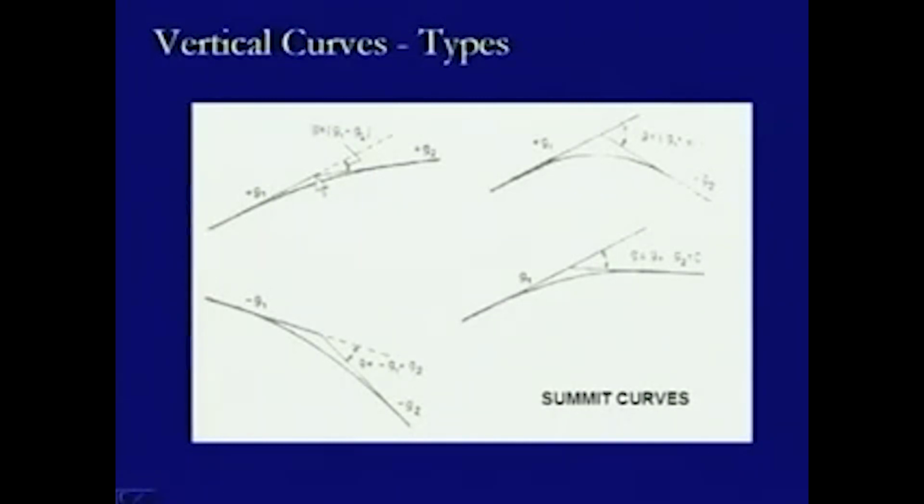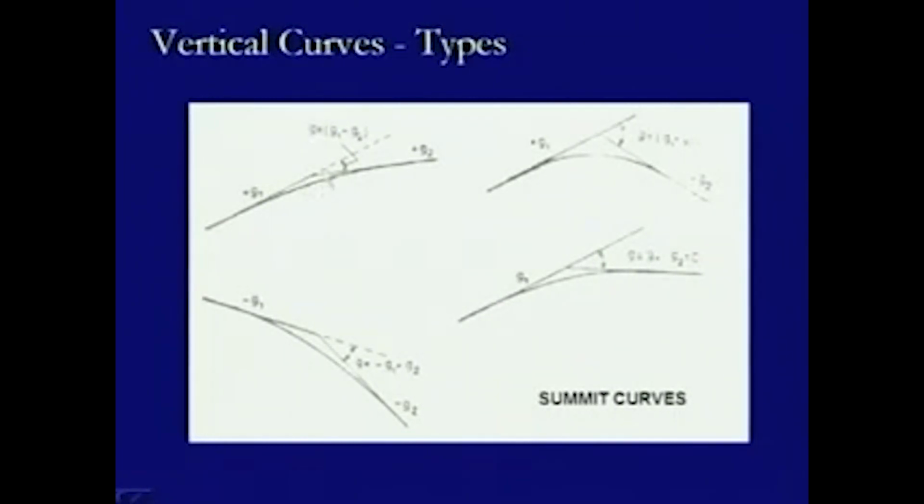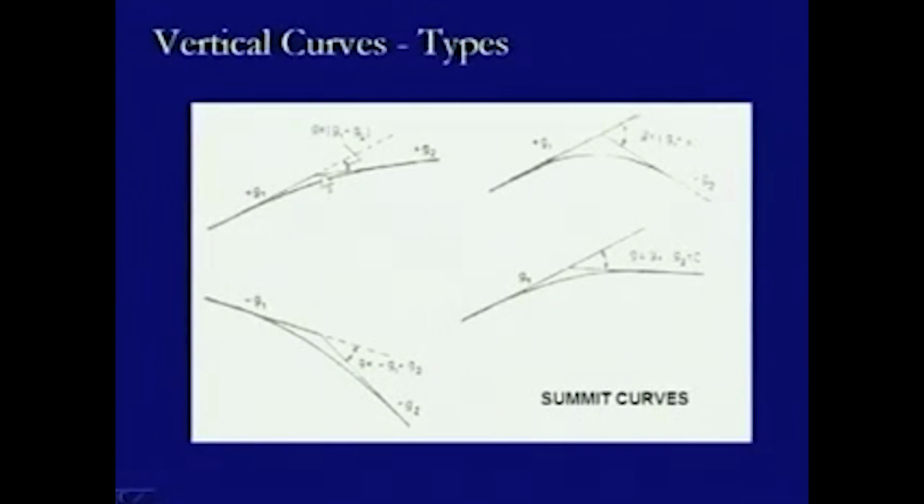Both these gradients meet at this point. This is the point of contact, and this is the kink which will be there in the natural design of the vertical curves if provided in this form. But we are smoothing out this kink, and for doing that we provide a curve like this. This is the vertical curve.